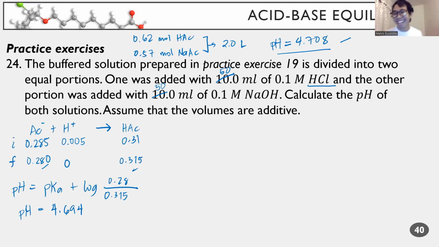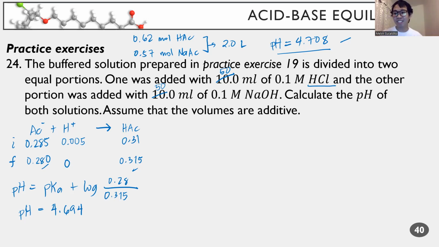Hindi, depende pa rin naman. We can still use concentrated HCl. Actually, yung concentrated form ng HCl is around 12 molar. And if you try to open the bottle, nagpo-fume yan.